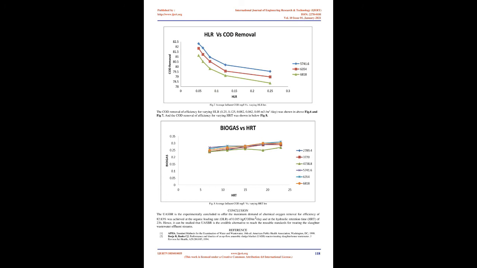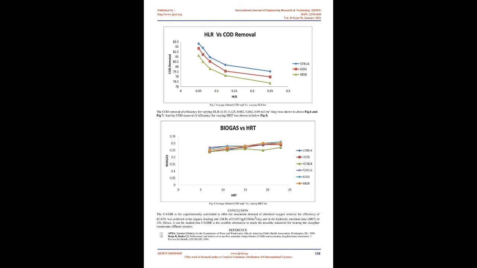2789.4, 3770, 4738.8, 5741.6, 6354 and 6818 mg/L for the varied HRT, 7.00, 11.00, 15.00, 19.00, 23.00 hours, and OLR, 0.013, 0.023, 0.037 kg COD/m2/day.